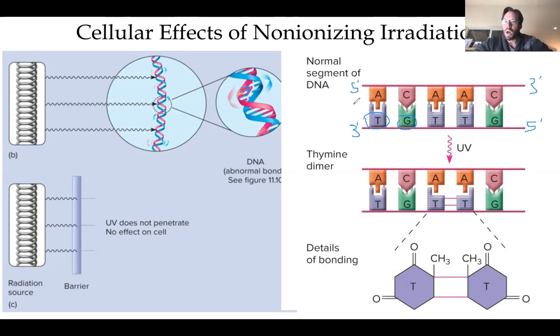So what non-ionizing radiation does is it causes these pyrimidines, these thymines that are next to each other, to form bonds, which isn't supposed to happen. And like I said, that screws up the ability for the polymerase to read that and see what corresponding nucleotide needs to go there for the RNA synthesis.